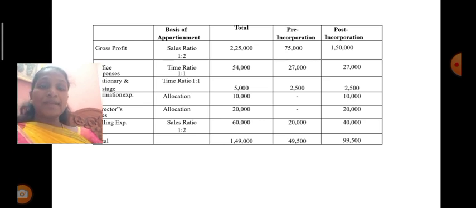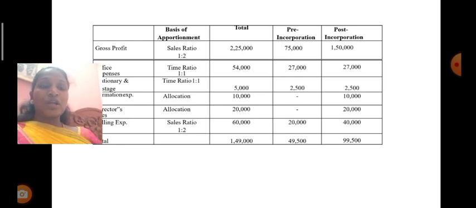The next item is formation expenses. It does not come under the sales ratio or time ratio. So where do we have to put it? Here we have to allocate that expense directly to the post-incorporation period.